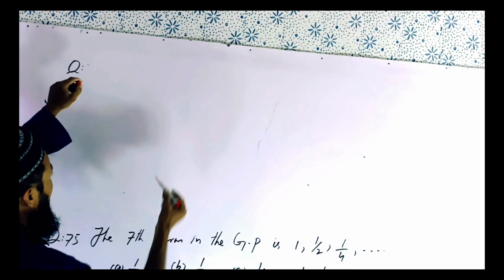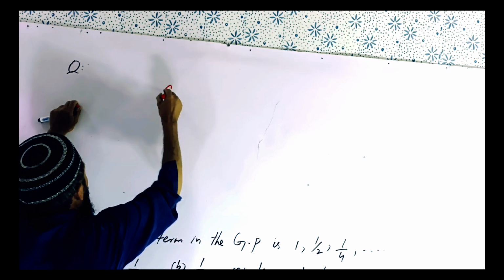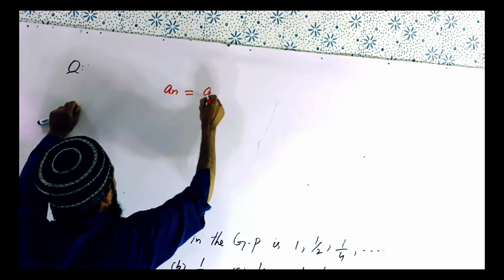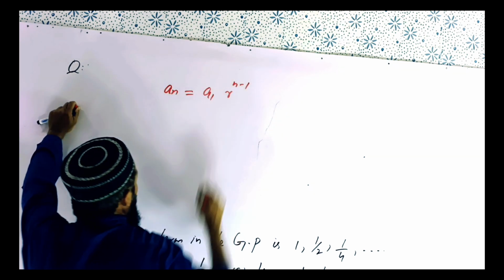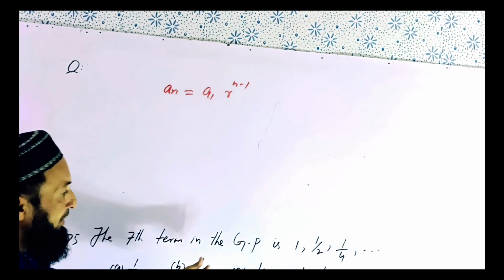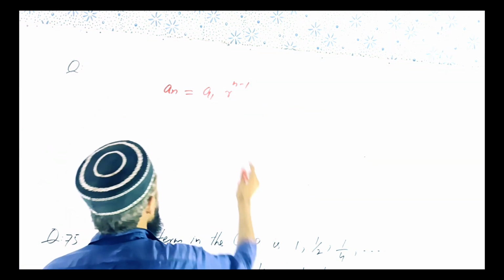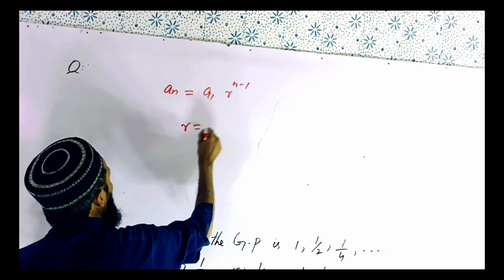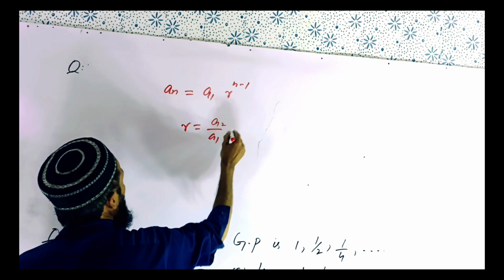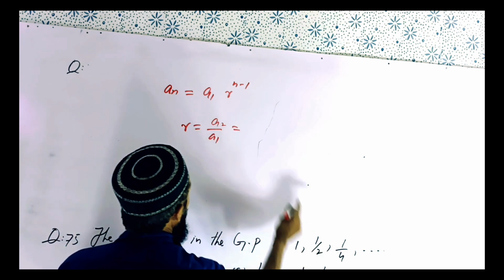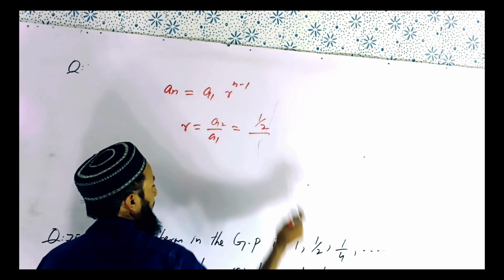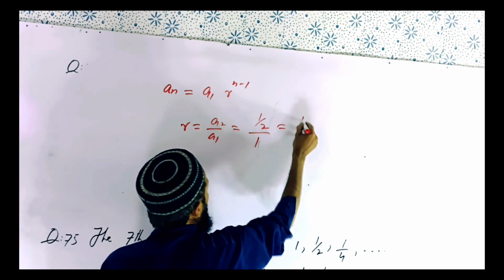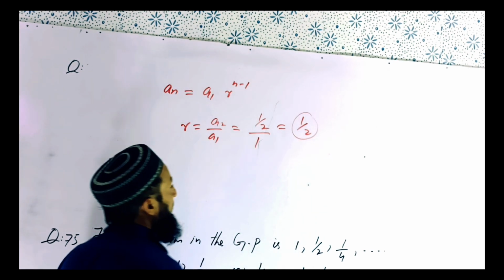As we know, the general term of a geometric progression is a1 r to the power n minus 1. First of all, the common ratio is required. The common ratio is the second value divided by the first value. The second value is 1 by 2 and the first value is 1, so we get 1 by 2 as the common ratio.